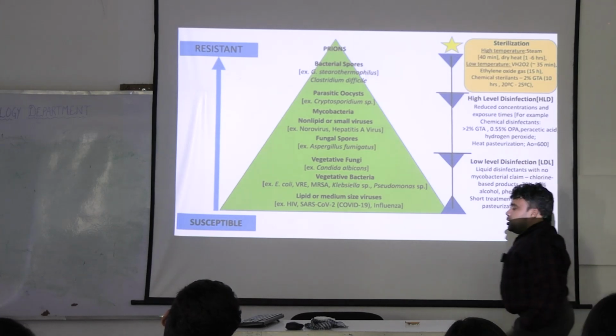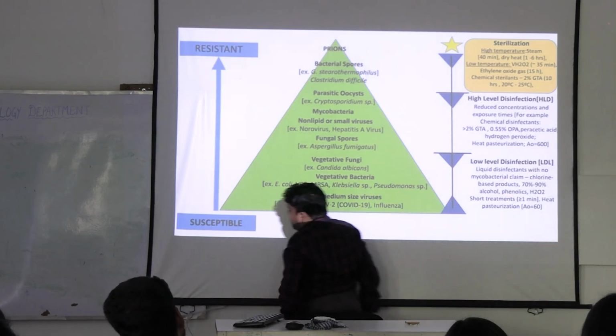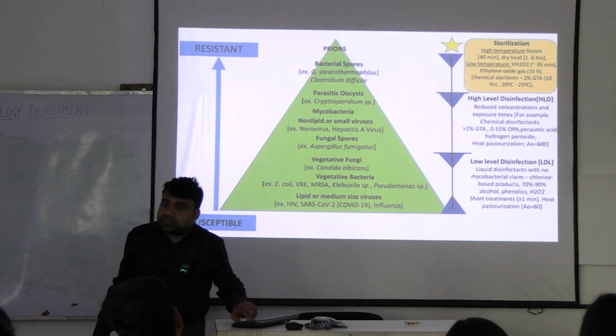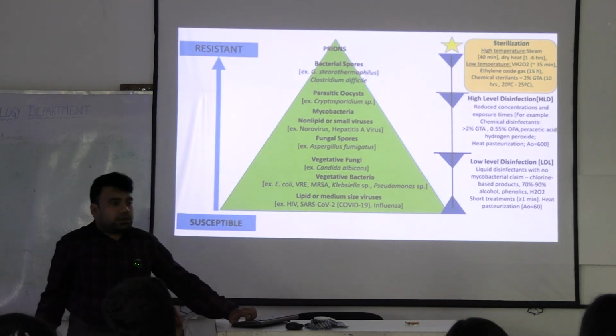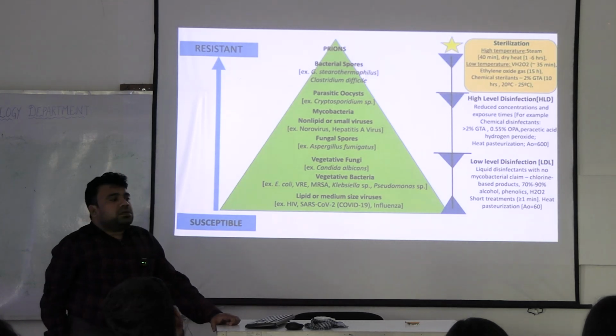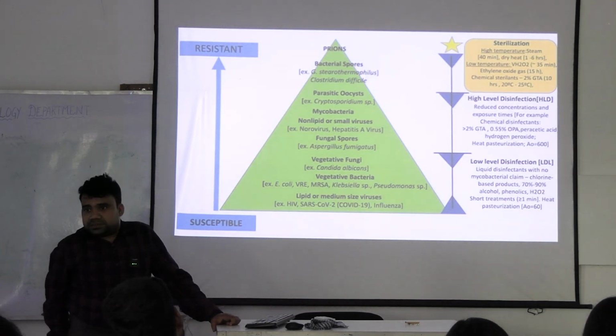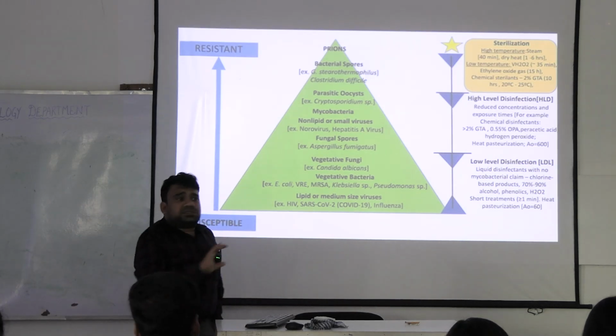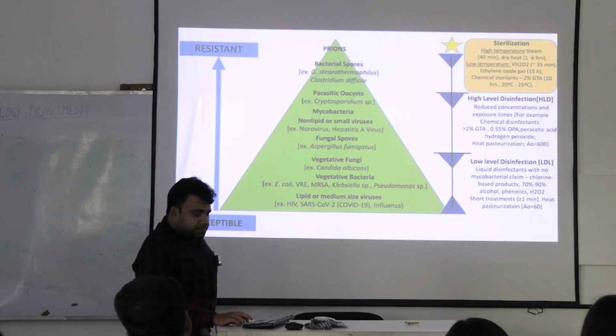And for prions, we can use autoclave, but for that, the temperature is 134 degrees centigrade at a higher pressure at a higher contact period of at least 1 hour. So it can be used aided with mineral acids or bases. Okay, so this is the overall picture that I want you to understand.